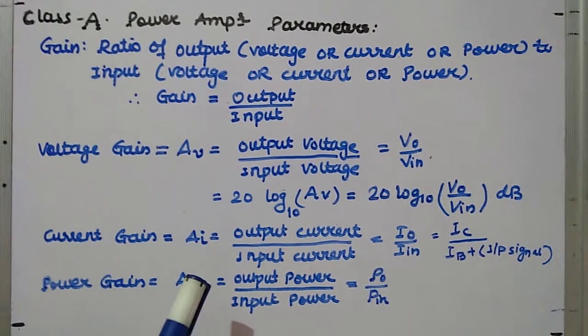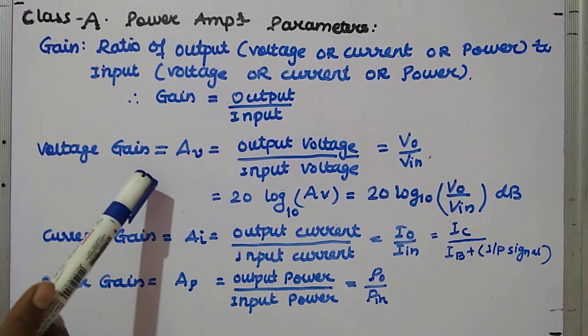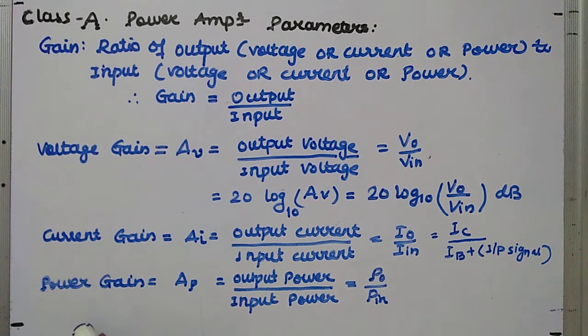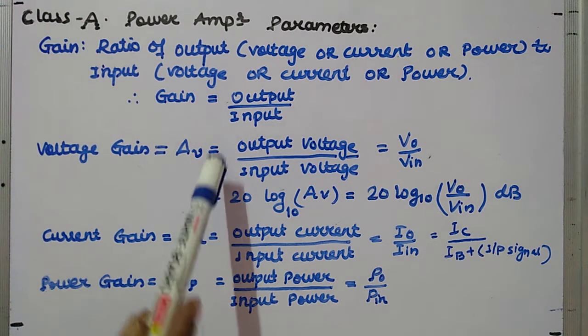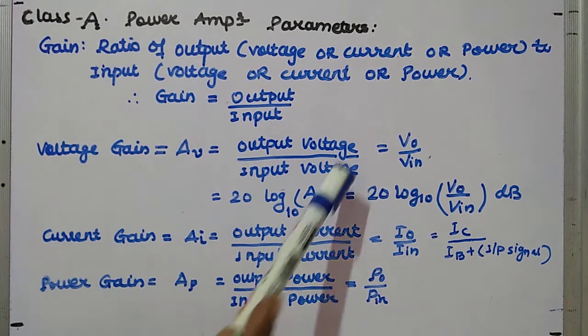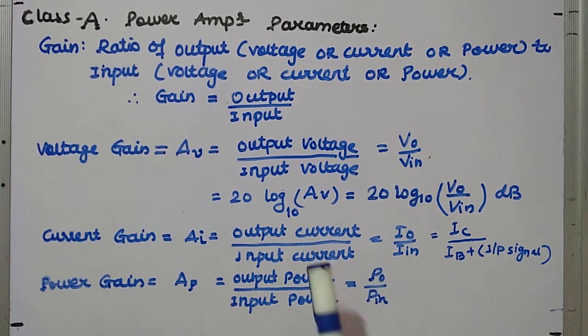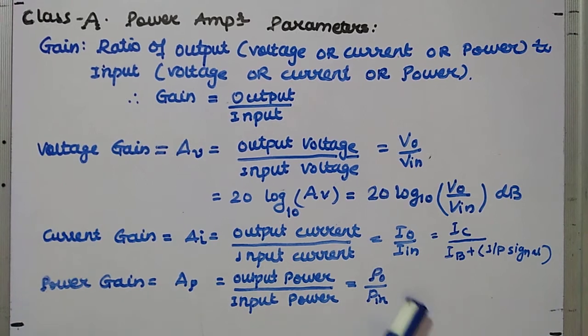Power gain A of P equals output power divided by input power, PO by Pin.